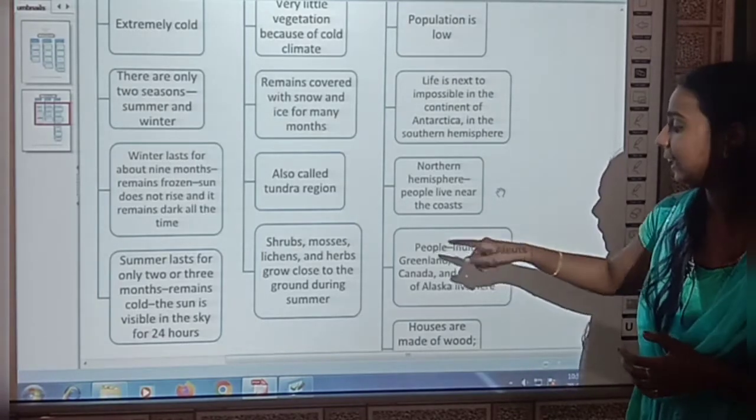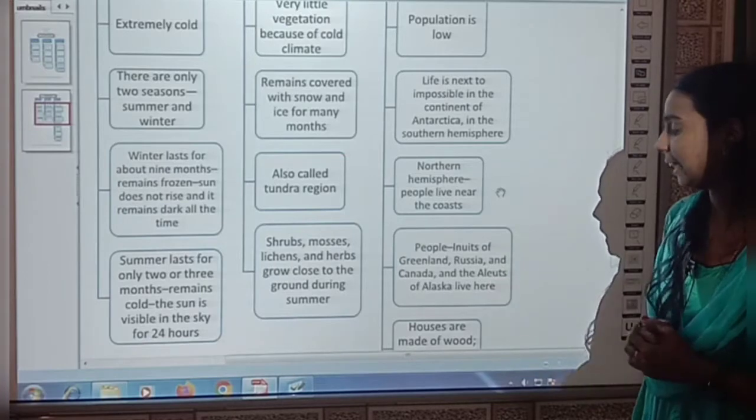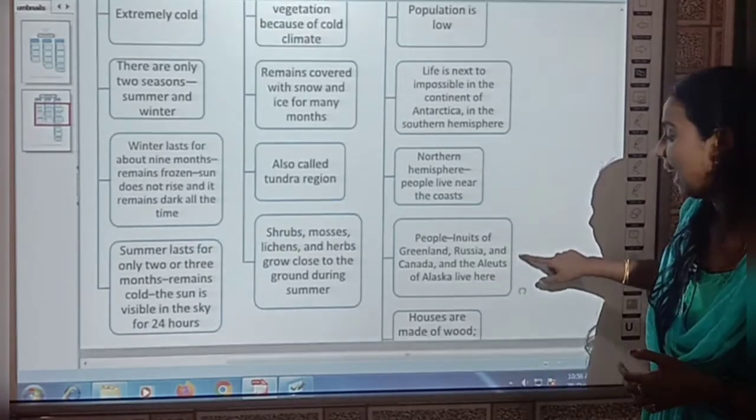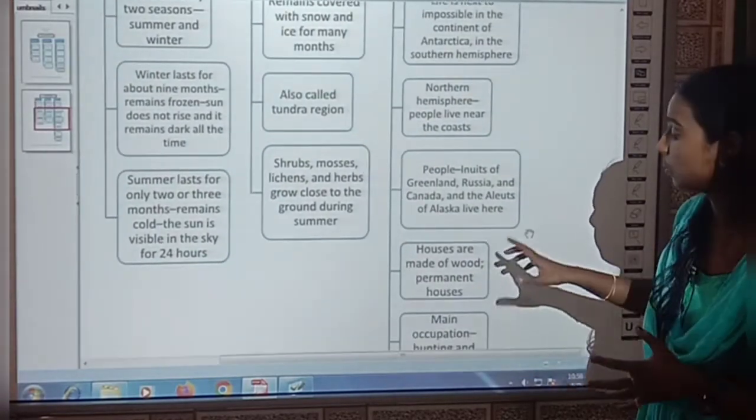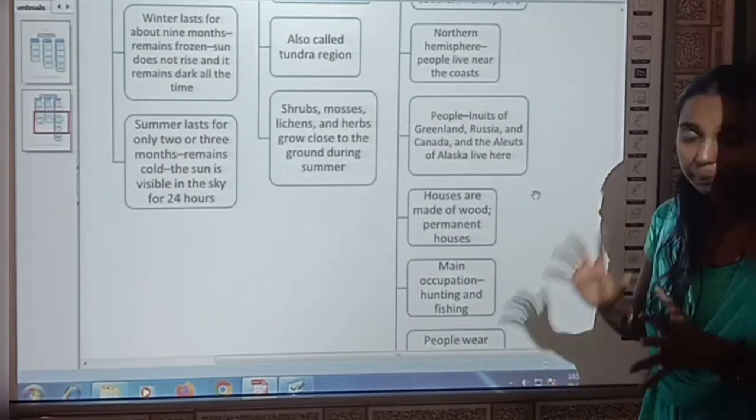And how are the houses made? The houses are made of wood, and these are permanent houses.